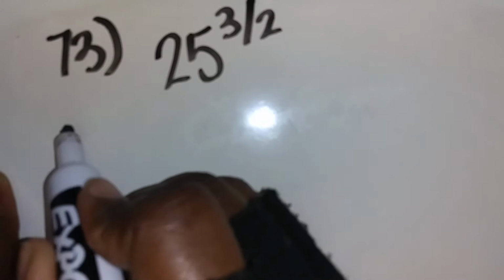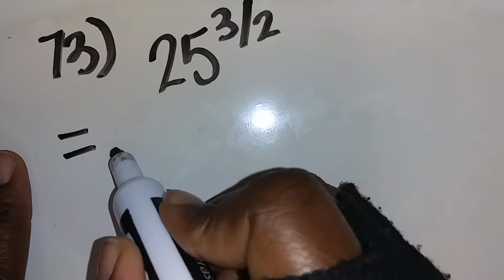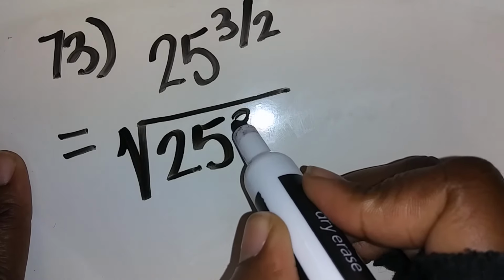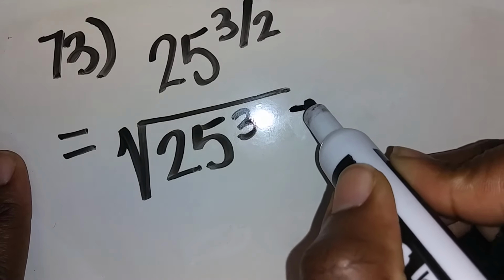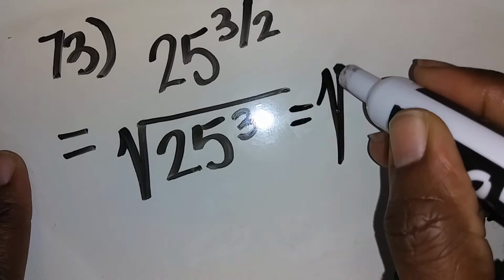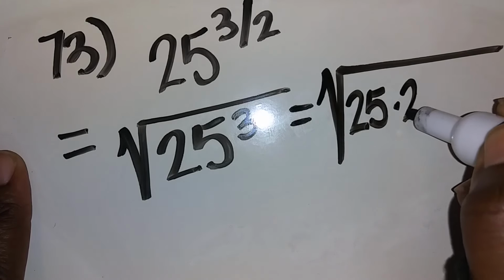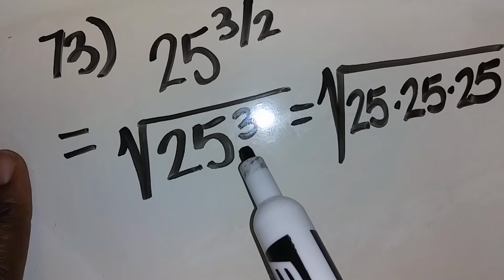I want to rewrite this, and I have the square root of 25 to the third power. So what does that mean? That means I'm going to see 25 3 times. 1, 2, 3.